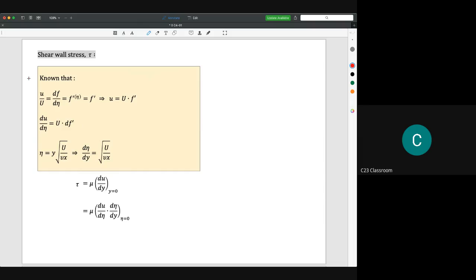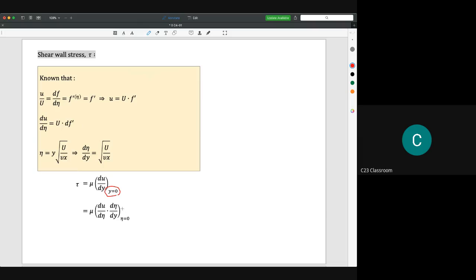That's why you are advised to calculate the shear stress by using Newton, because Newton is quite easy to solve. It just uses the term tau equal to mu du dy at y equal to 0.